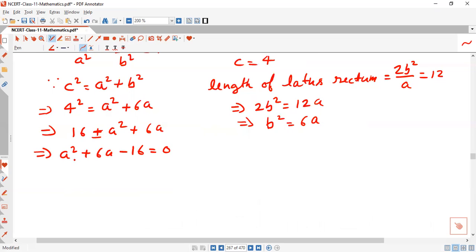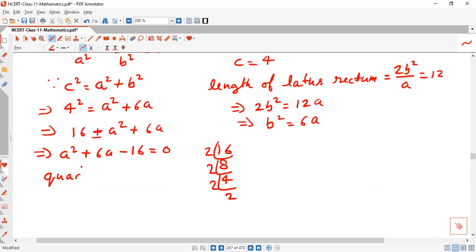To find out the value of a, first we try to factorize this one. 16 can be written as 2 times 8, or 4 times 4. 4 plus 4, no. 6 plus 2, no. So it cannot be factorized. We are not getting integer values of a.